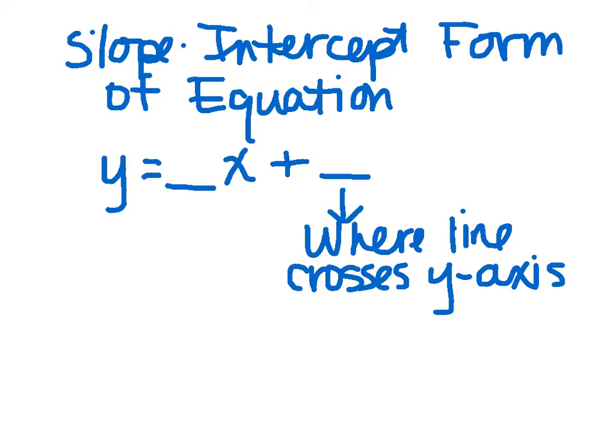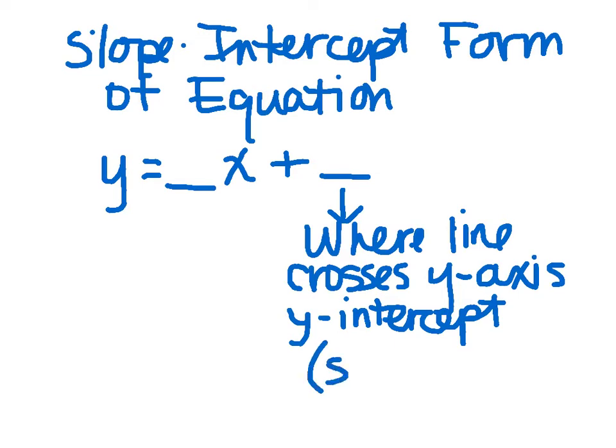Otherwise known from this point on as the y-intercept. Intercept sounds like intersect, and that is really what it means. And in our real-world situations, if you recall, it was the starting point. And when we actually graph these equations, it will be our starting point.